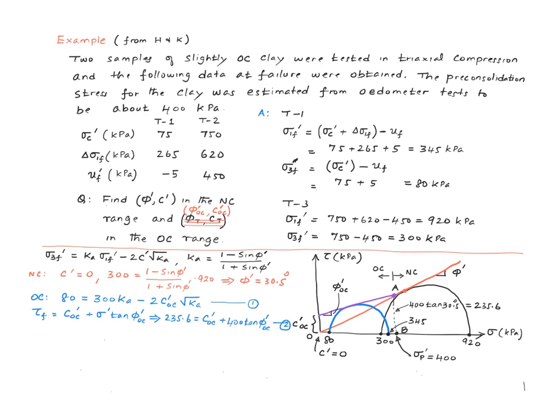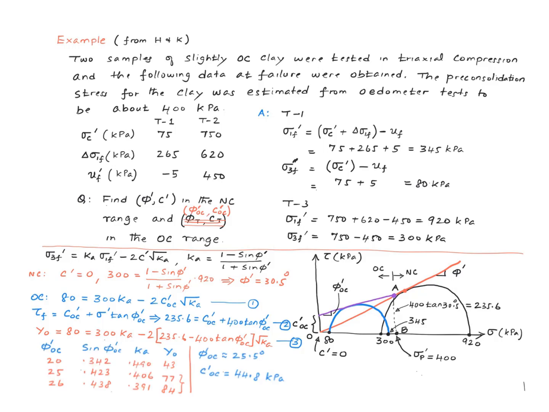But looking at the two equations, you can see there's no direct way to solve these equations. So I've decided to solve this iteratively. What I did was I found C prime OC from equation number 2 and substituted into equation number 1. I got this equation. So now this equation is only in terms of the friction angle phi prime OC, but it's a nonlinear equation. So I call this function y naught.